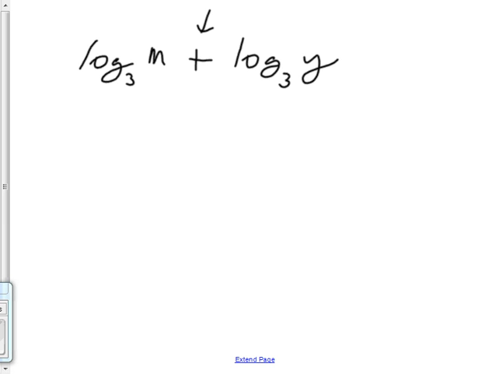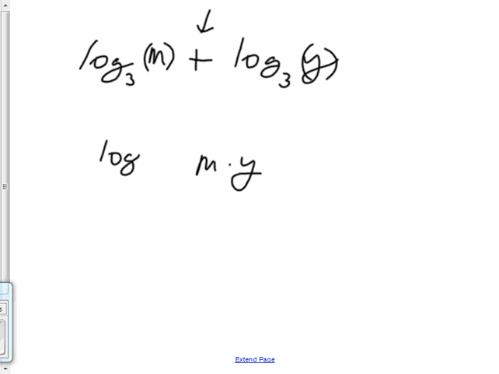Next topic. What if it is expanded and we need to condense it down? So let's say it was log base 3 of m plus log base 3 of y. If I want to condense this, I look at this plus and I say, okay, I can rewrite this as a times. This argument and this argument can be multiplied together: m times y. And then there's only one log.